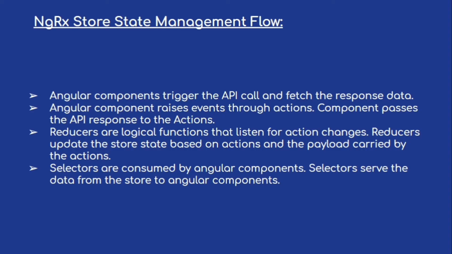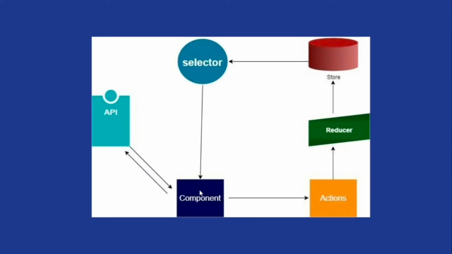Selectors are consumed by the Angular components, and selectors serve the data from the store to the Angular components. Selectors are generally invoked by the components, and their main purpose is to retrieve the data from the store and serve it to the components. That is the basic flow of the NgRx Store.